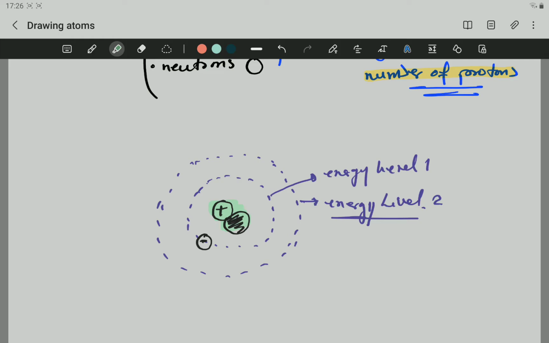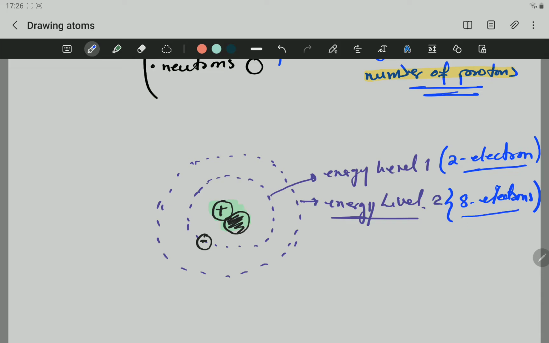Energy level 1 can only hold 2 electrons, so you cannot place more than 2 electrons. Energy level 2 will hold up to 8 electrons. Energy level 3 will hold up to 8 electrons, and energy level 4 will hold up to 8 electrons.